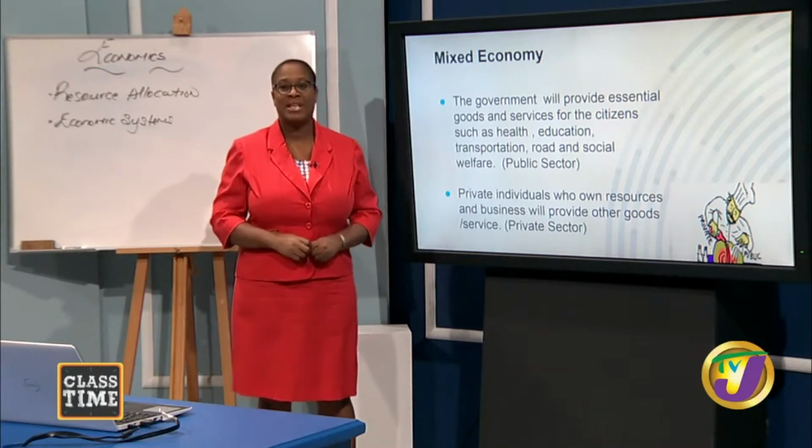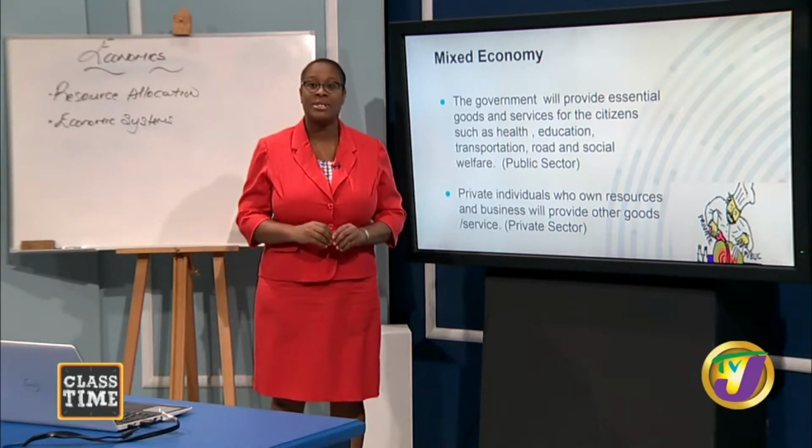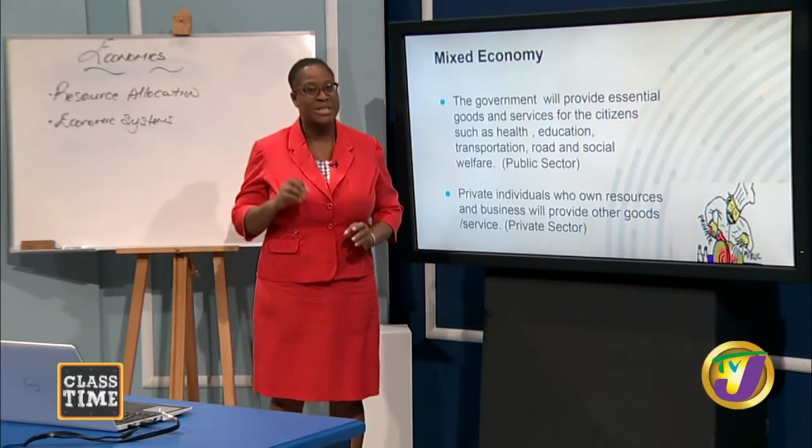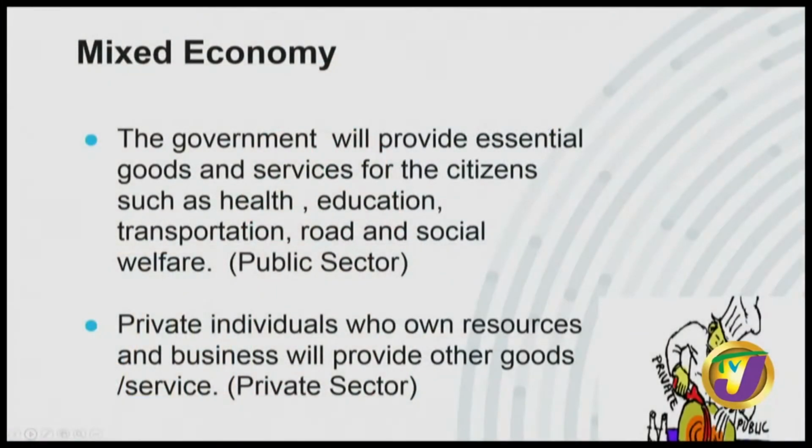Where private individuals now own the resources and the businesses, they will provide other goods and services, not necessarily the basic things, but other goods and services, and they are referred to as the private sector.